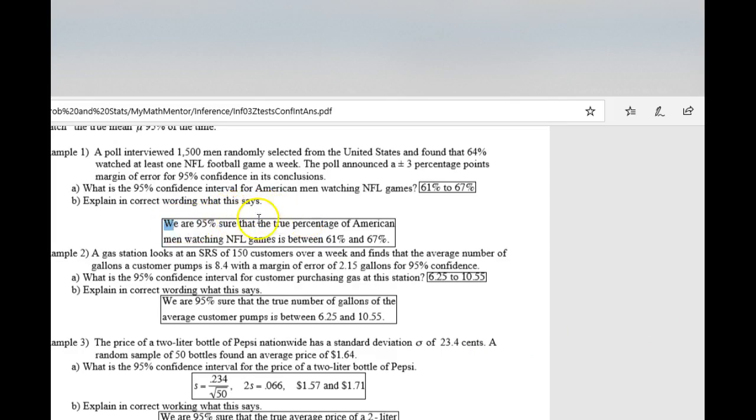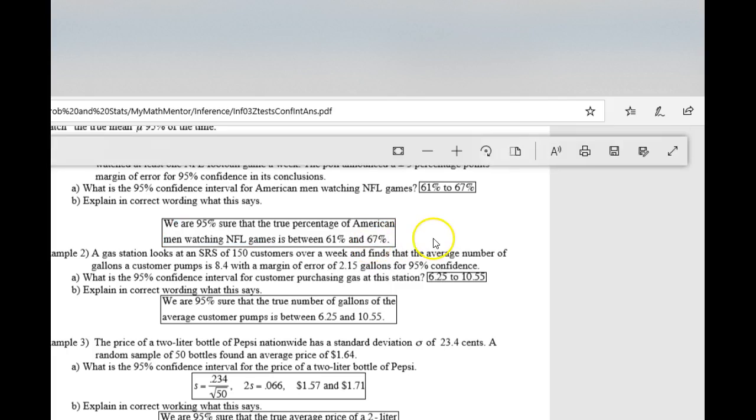So we say that we're 95% sure that the true percentage of American men watching NFL games at least once per week is somewhere between 61 and 67%. Again, the margin of error already takes into account the standard deviation and the sample size.